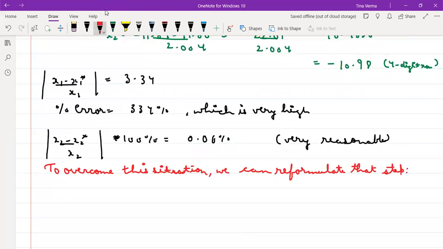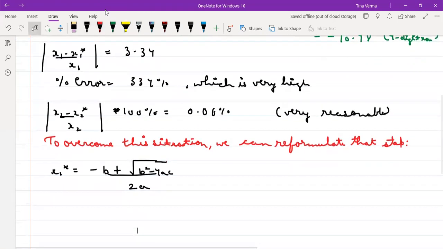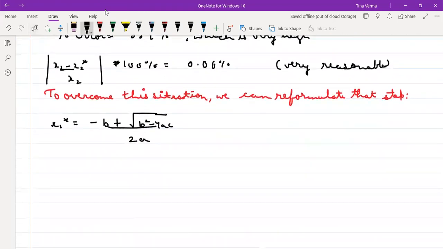I considered the root x1 star, which I evaluated as minus b plus root of b square minus 4ac, and we used 4-digit rounding here. Now we have seen that in this case we have a subtraction of two nearly equal numbers. So we can reformulate this function so that we can avoid the subtraction of two nearly equal numbers.